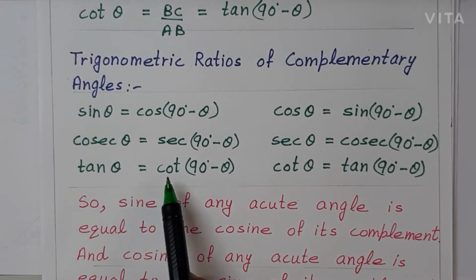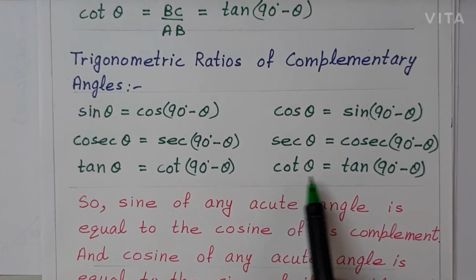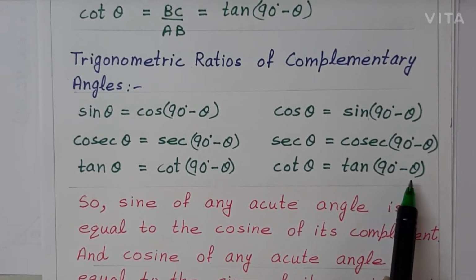Tangent theta is cot 90 minus theta, and similarly cot theta is equal to tangent 90 minus theta.